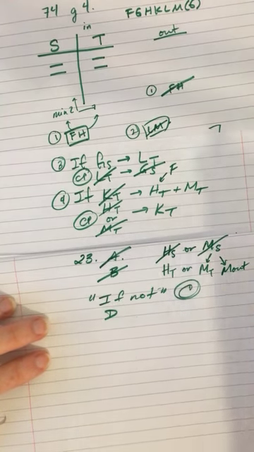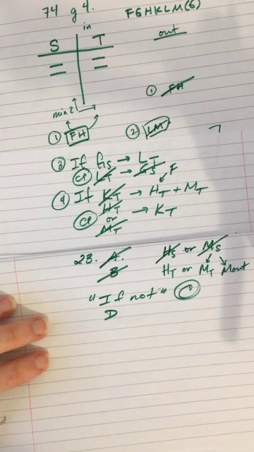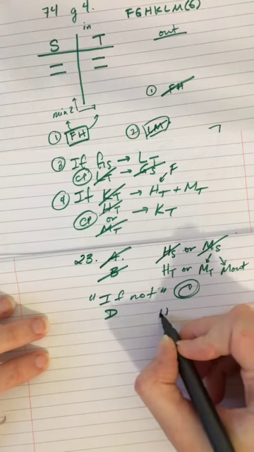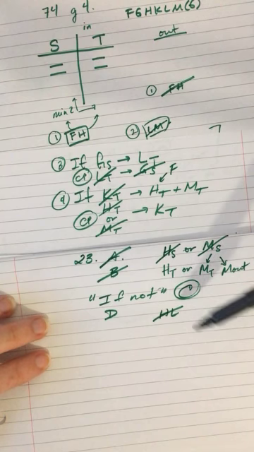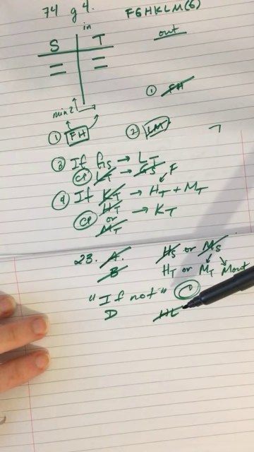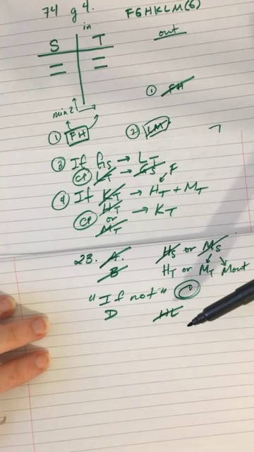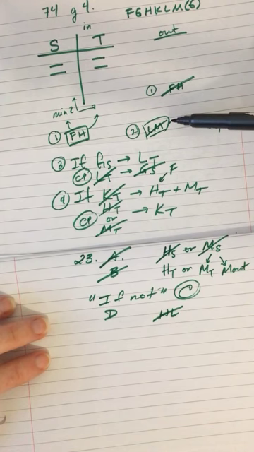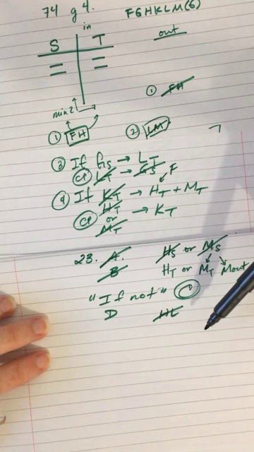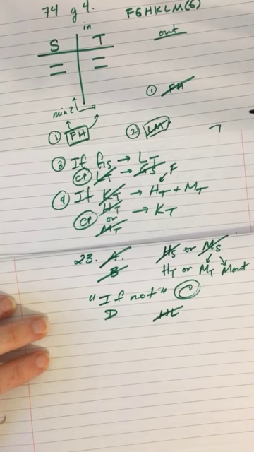Let's look at why D and E are wrong. D starts out the same way, but then it talks about H and L not being assigned to the same ceremony. But again, we're not really going to be able to equate that, because what they're trying to say is, if H and L are not assigned to the same ceremony, then H and M must be assigned to the same ceremony.